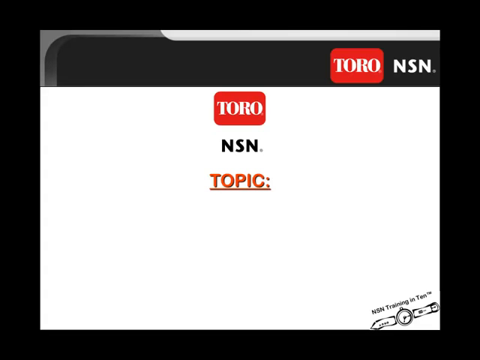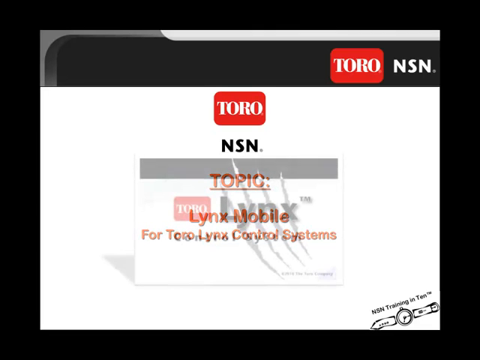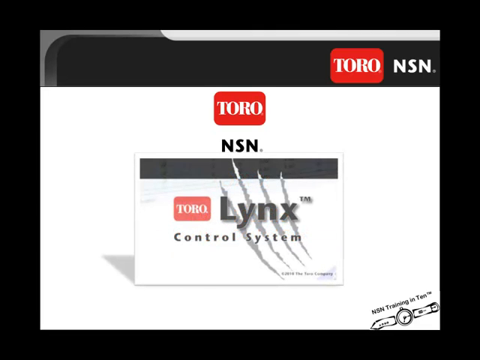Today's topic is an overview of Toro's Lynx mobile remote control feature. While this module shows Lynx version 2.0, the principles you will see here apply to all current versions of the software.